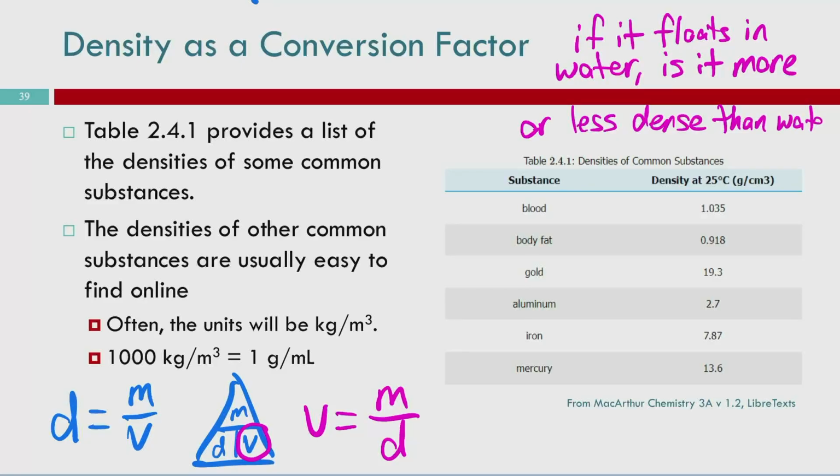Who knows? Yes, it's less dense. If it's less dense, it floats.